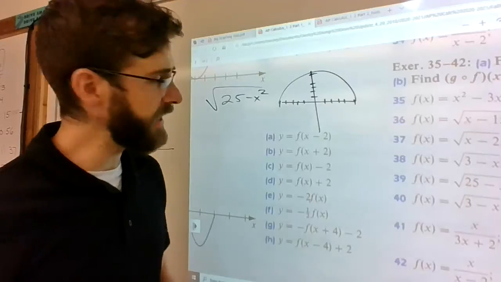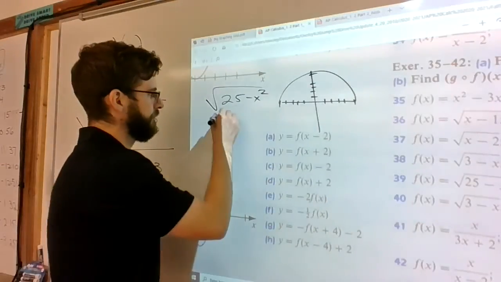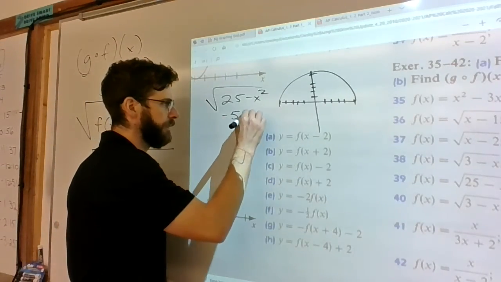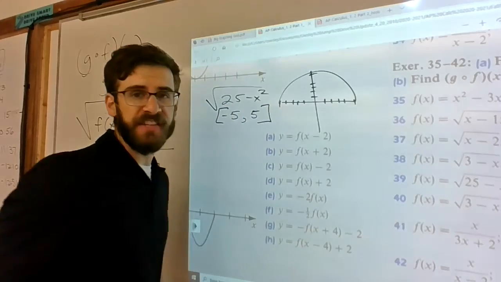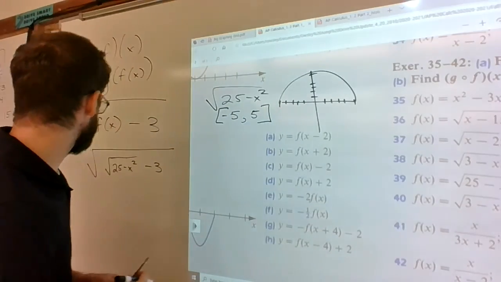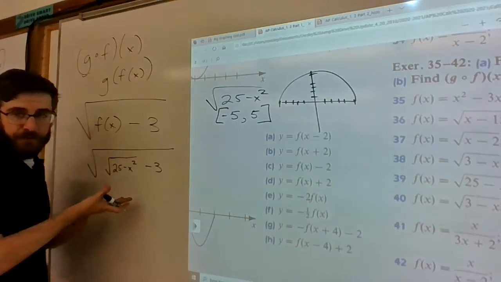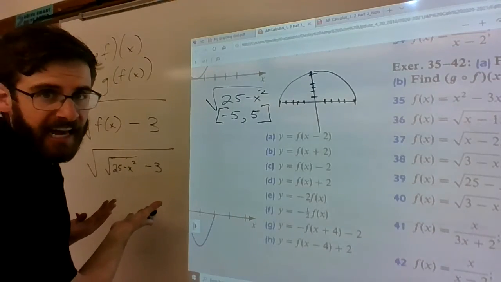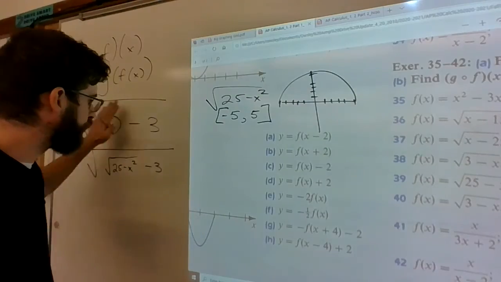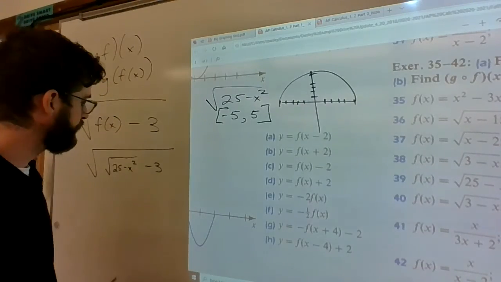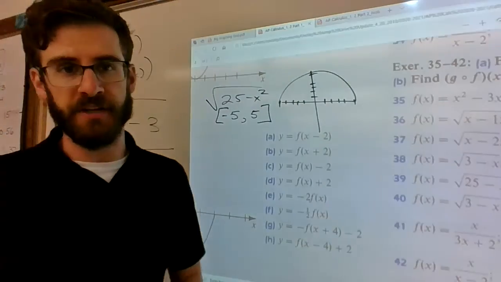The domain of this thing is from -5 to 5. So that's our pre-existing condition. The second part is I can't really do much with this function. I have to set the inside of the total root greater than or equal to 0. And I'm going to do that on the next video because I'm running out of time.